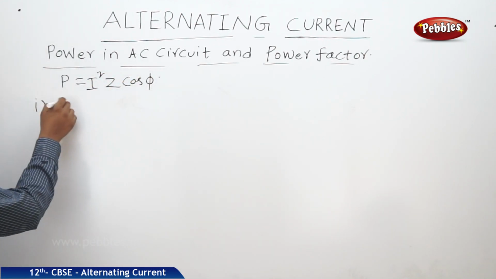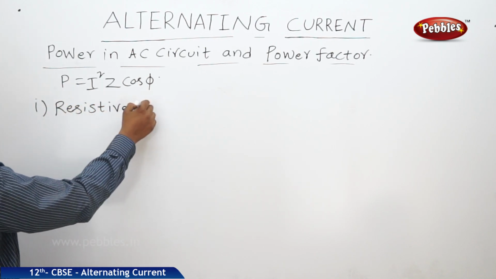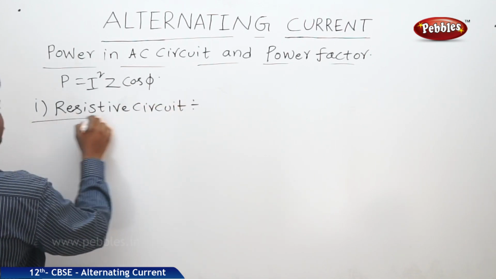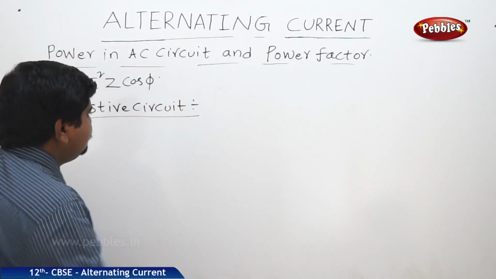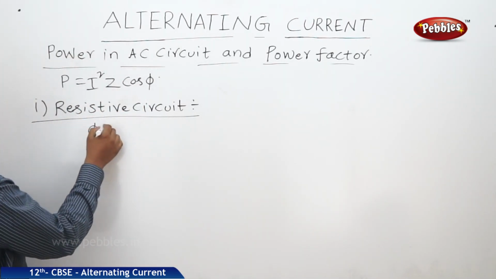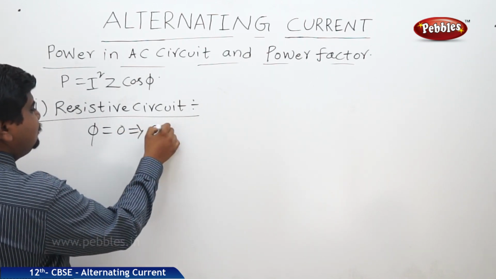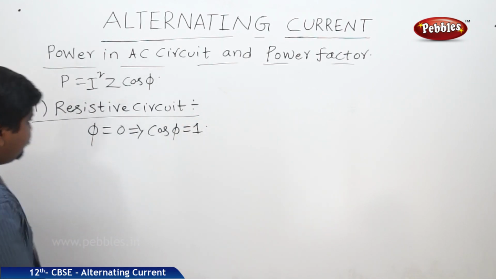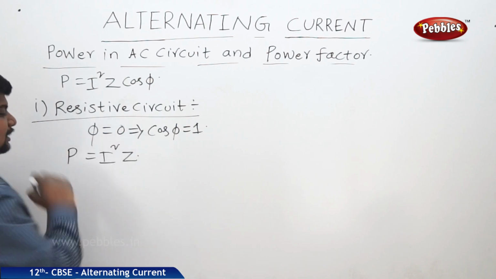First case, resistive circuit. Means AC voltage is applied to the resistor. In case of resistive circuits, phi is equal to 0. Correspondingly, cos phi is equal to 1. Therefore, P is equal to I square z.